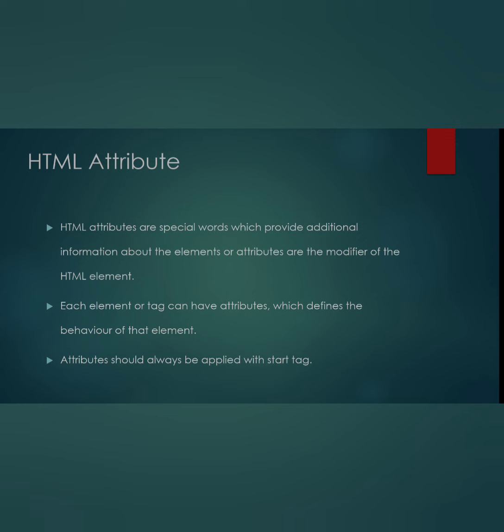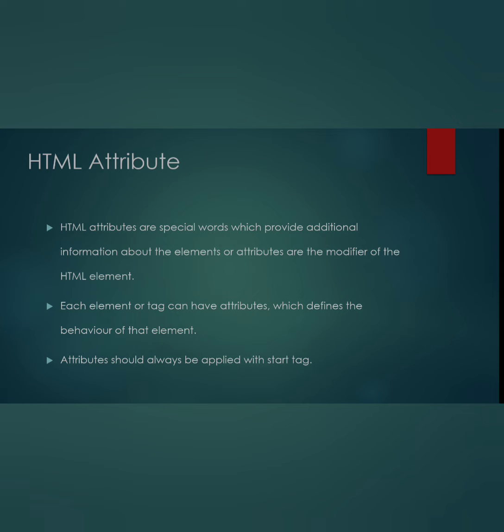HTML attributes. HTML attributes are special words which provide additional information about the elements, or are modifiers of the HTML element. Each element or tag can have attributes which define the behavior of that element.